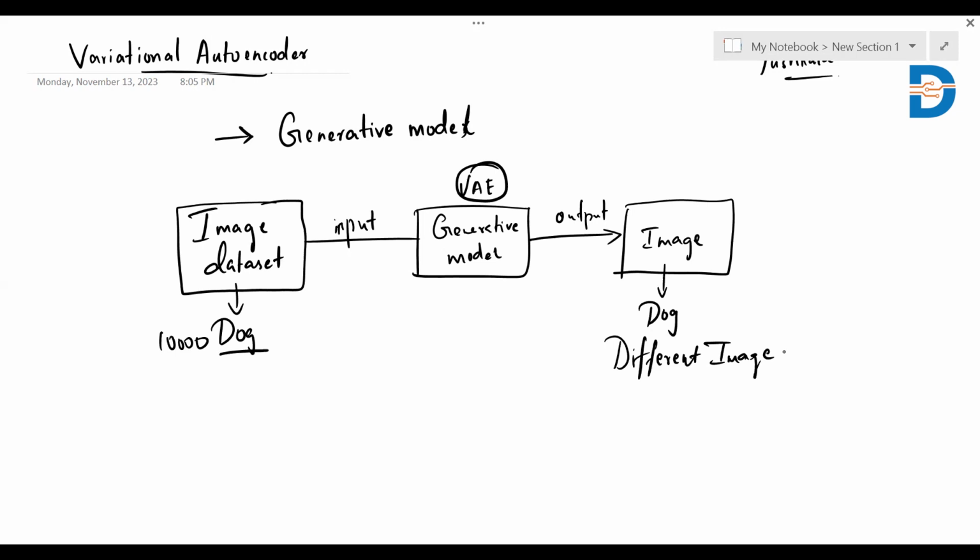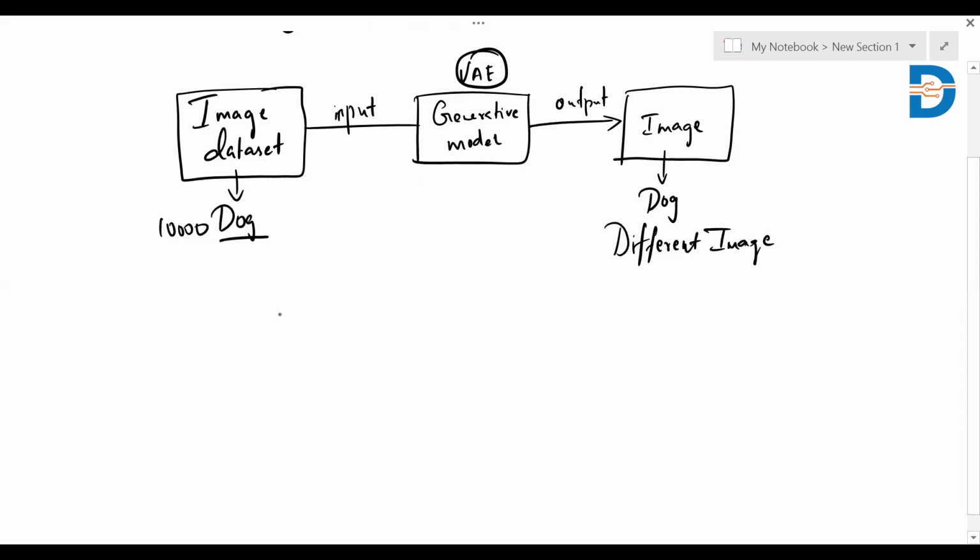So what is VAE? Let's see how it works using its architecture. During the training process, I'll be giving the input image, which is going to be a set of, let's say, dog images.